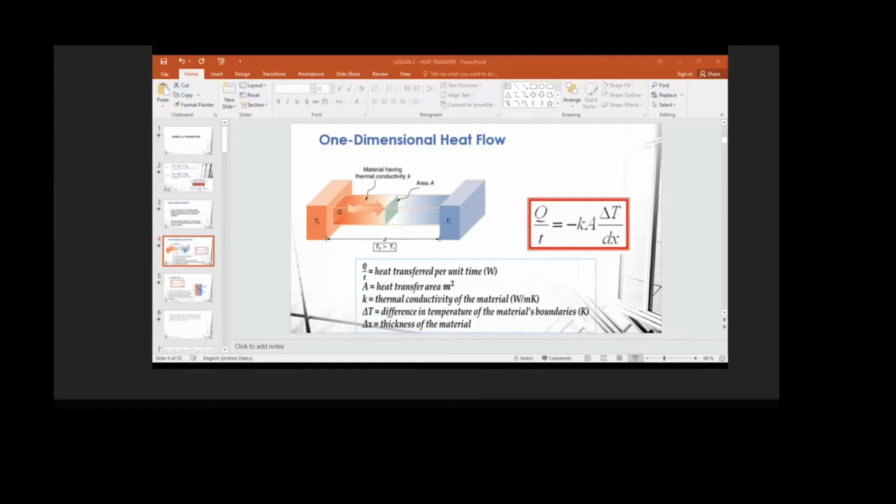And then dx is the change in the thickness of the material, or the change in the distance over which the heat will be transferred. In this case, it's being transferred from D2 to D1. So that length there is the d. All right, any questions about this equation?